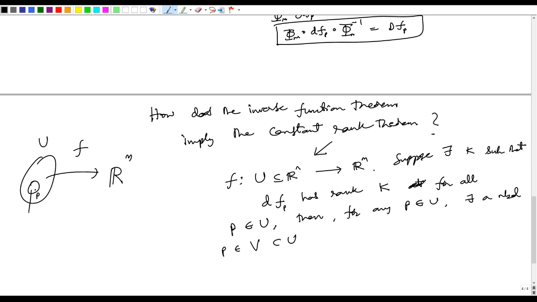So this is my V. Neighborhood of this p and a neighborhood W of f of p. So f of p is somewhere here, so I want to put that inside a small neighborhood W as well. Neighborhood W of f of p, and what else?